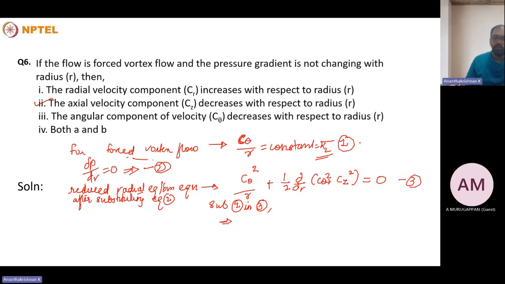Before doing that, we can do a small bit of manipulation that we have seen in one of the previous problems.